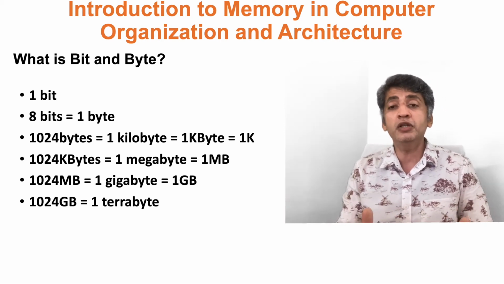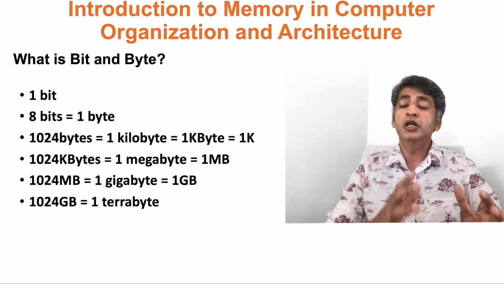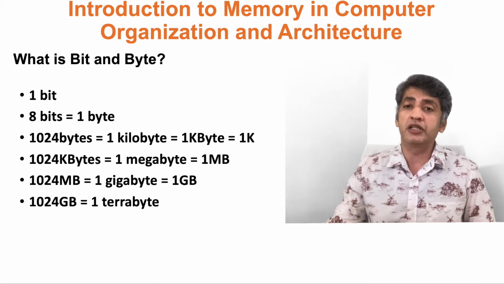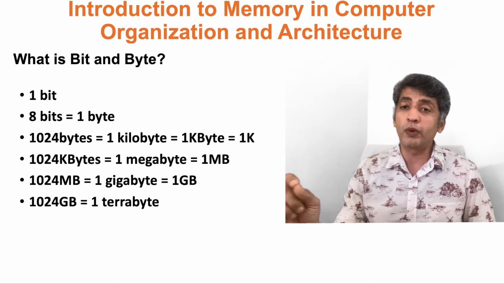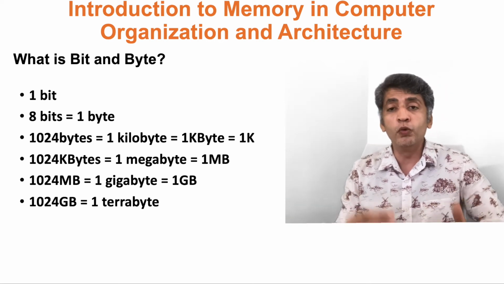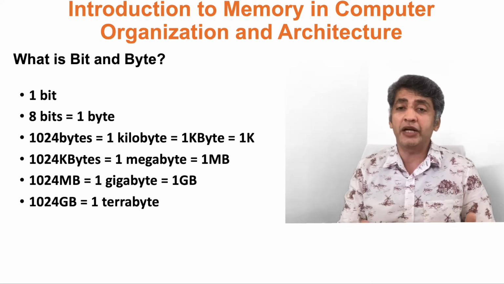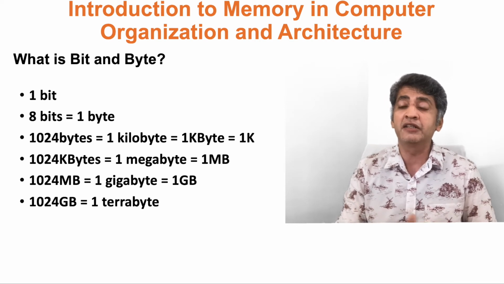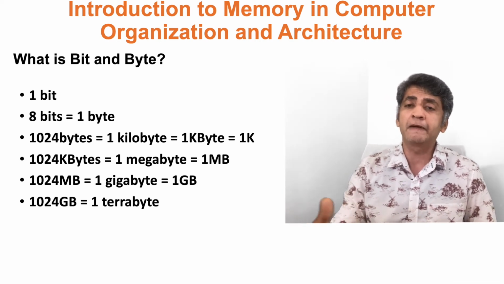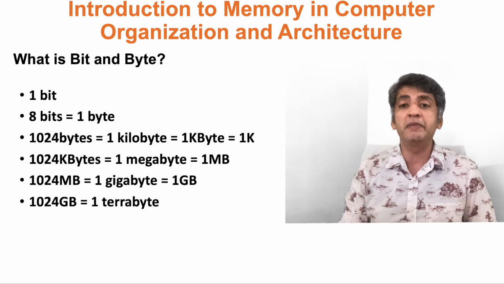Now if you're moving to gigabytes, 1024 MB is equal to 1 gigabyte, that is 1 GB. Now if you're moving to the terabyte, that is 1 TB. You can see it on many websites. They say you can use a 1 TB hard disk.